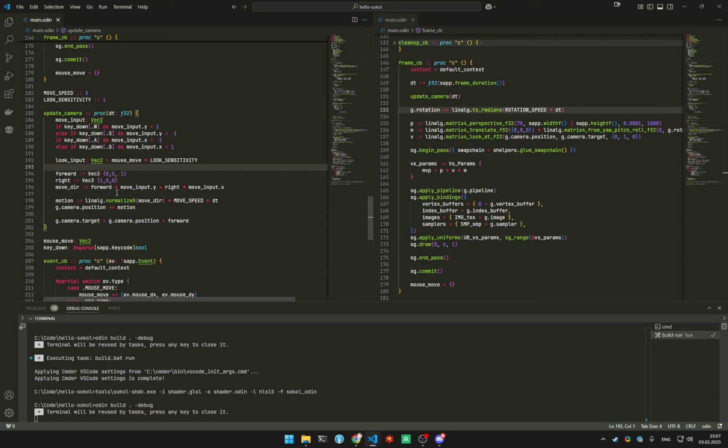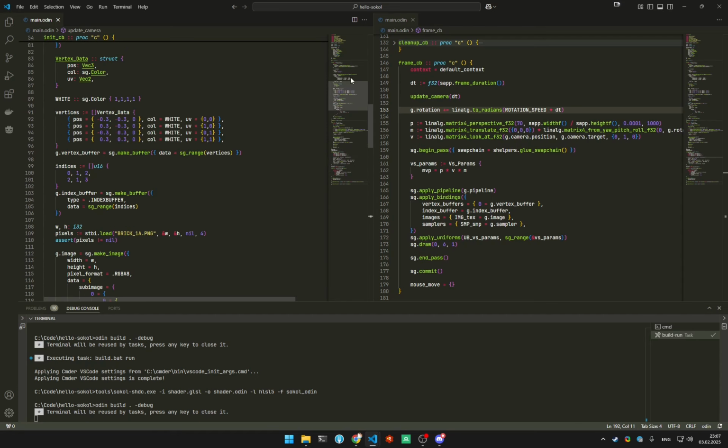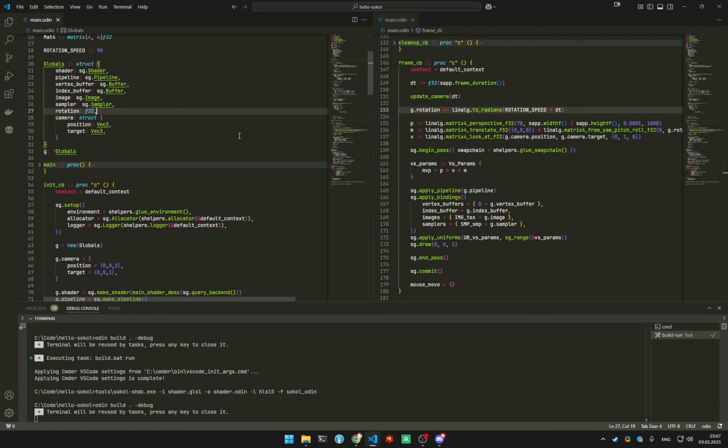And we also need to store this like accumulated. So when we change the look, because we only have the position and the target for the camera, and this is something that we are supposed to calculate from the look vector, we need to store it so we can add our input to it. So let's do exactly this.